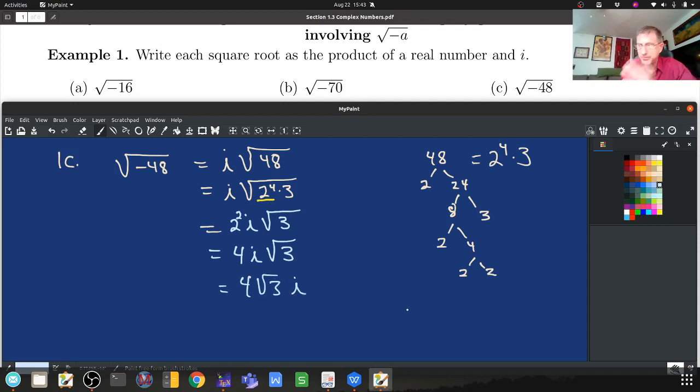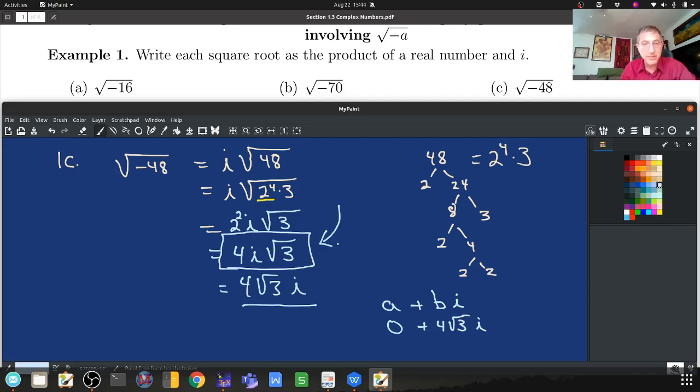And indeed, it's just a mess. This is the only part about complex numbers that I don't like. This preference to write it this way is completely arbitrary and inconsistent, because when we write in the standard form, we write it a plus bi, and this would be written as 0 plus 4 square root of 3 times I. And there is no other way to write it other than really this last way right here, but many times you will see it written this way.